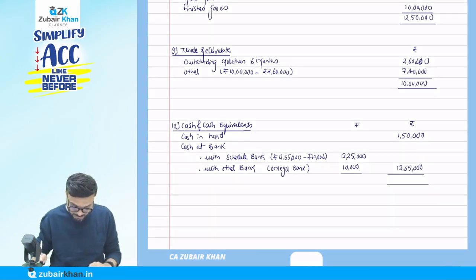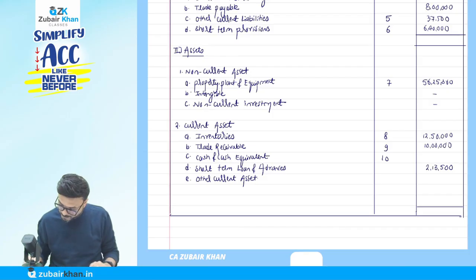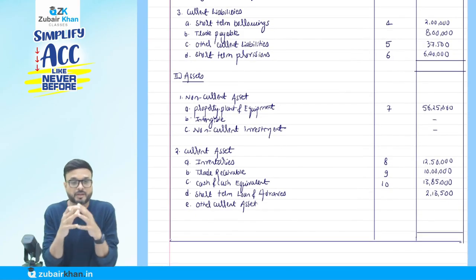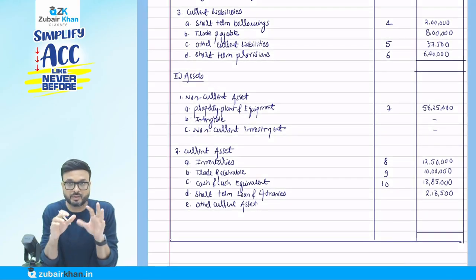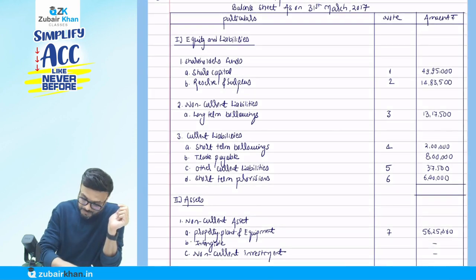Then we have here 1 lakh 50 plus 12 lakh 35,000. That is coming how much? 13 lakh 85,000. Okay, done. We have done the total of all the notes. Now do the total here. 49 lakh 95,000 plus 14 lakh 83,500, 13 lakh 17,500, 2 lakh, 37,500, 6 lakh 40,000.